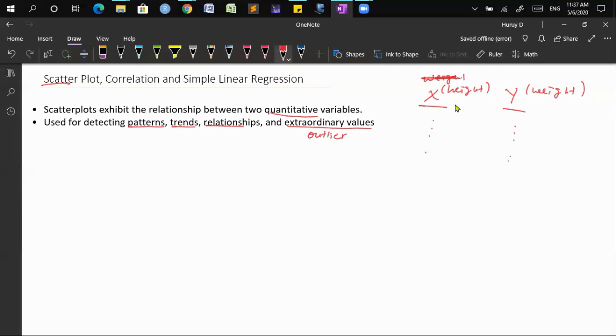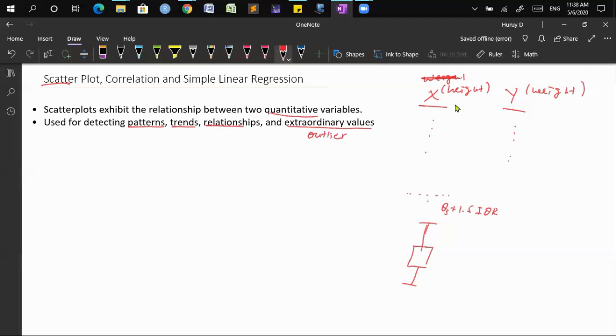If you remember using a box plot, we had Q3 plus 1.5 times the IQR. So if it falls outside this region, then we would call it an outlier.